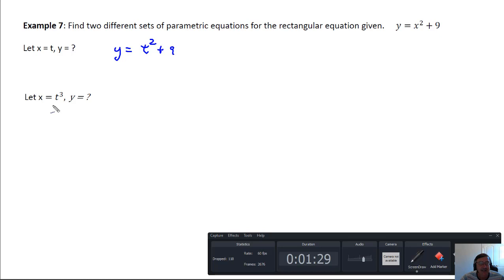But let's say if x is t cubed and they start messing with you, you would say that y would equal, now again, putting this in here, t cubed squared, so there may be some algebra involved in this, would give us t to the 6th power plus 9. So they will give you several of these different sets of parametric equations given a rectangular one here.